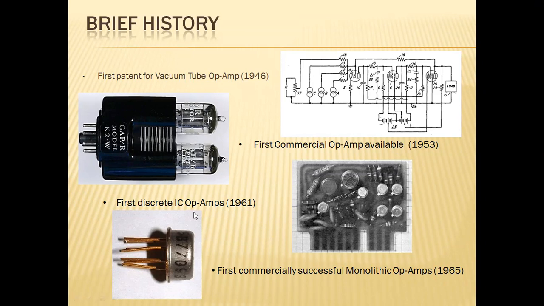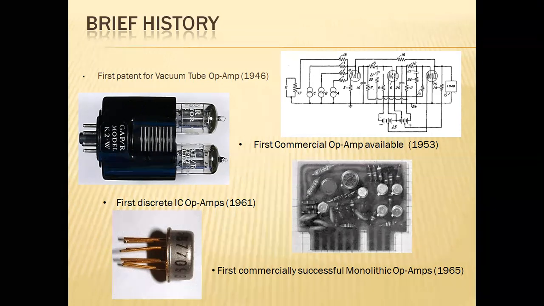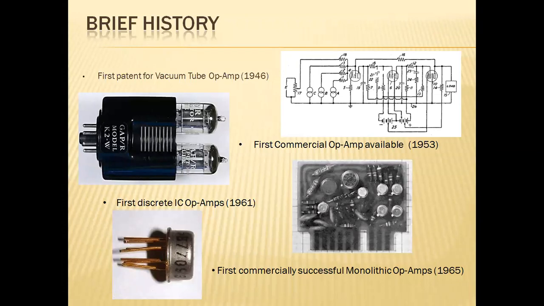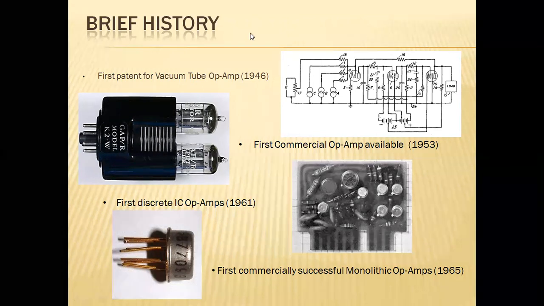Later on, discrete ICs of operational amplifiers. This IC represents the integrated circuit operational amplifier, and in the next generation, the monolithic one, occupying much less space within a board, came into existence in the year 1965.